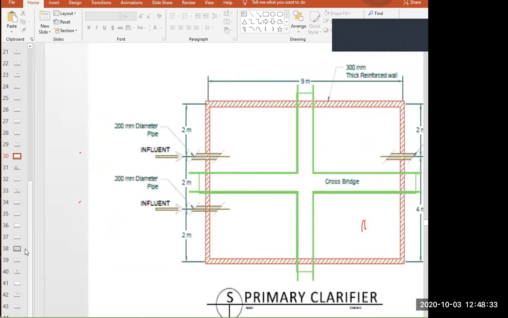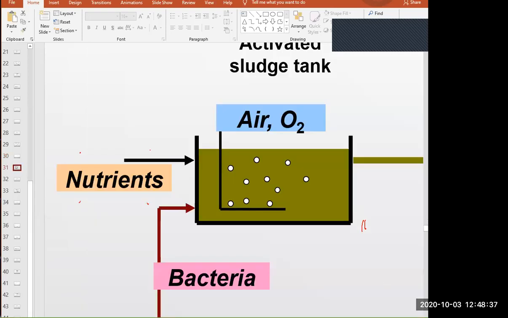Para makita nyo lang. So, we can now go to your activated sludge tank. Let me just erase. So, we have 3 minutes.